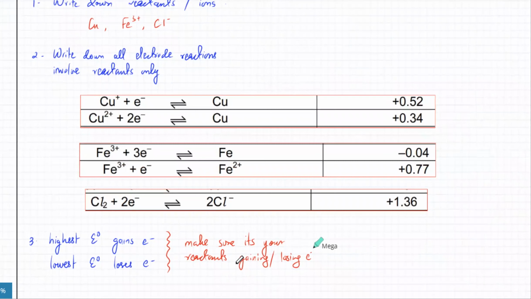So which one is the highest potential at the moment? Fe3+. Now you look again, which one is the highest potential? Oh, Cl2. So that's this one, right? Yes. But should I select that?